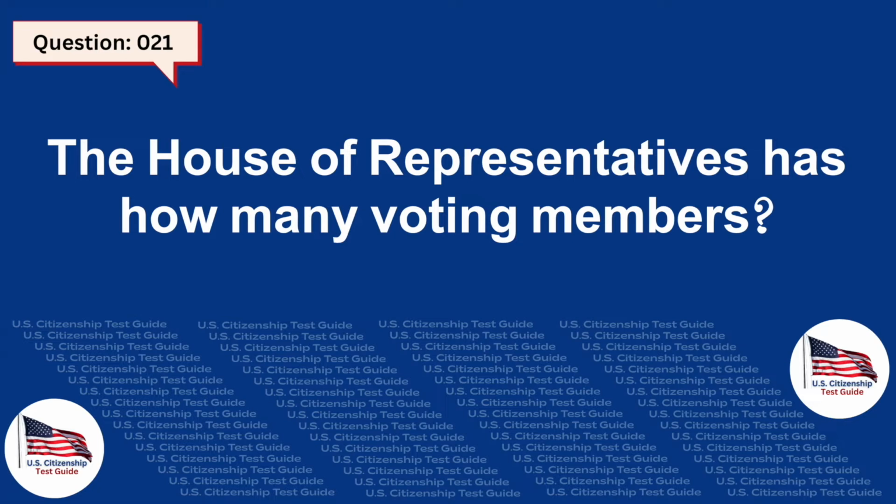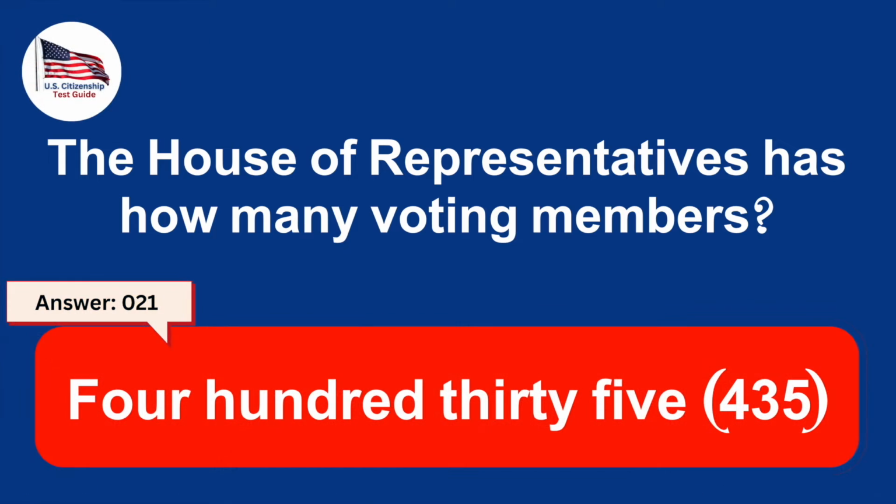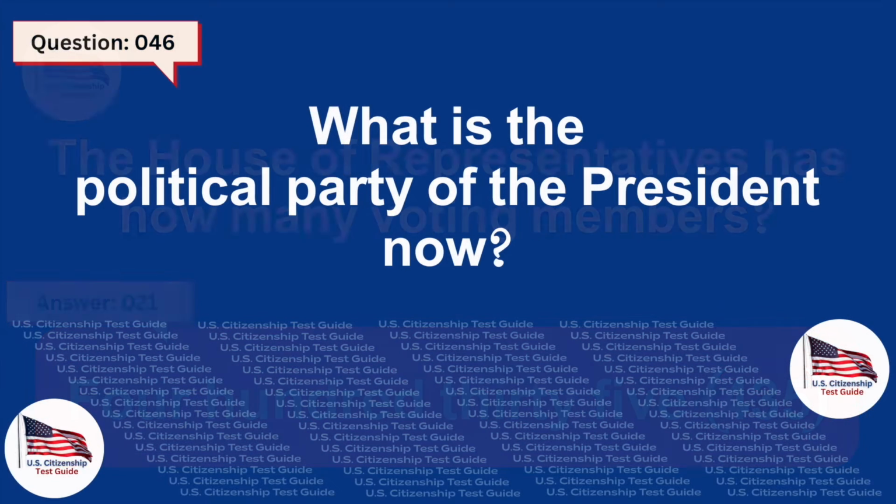The House of Representatives has how many voting members? 435. What is the political party of the president now?